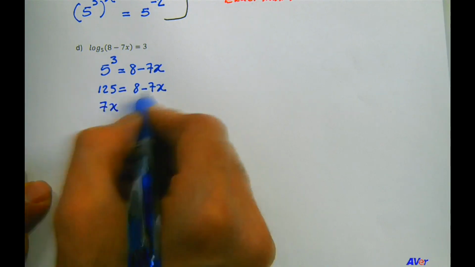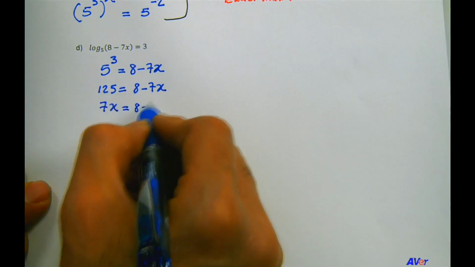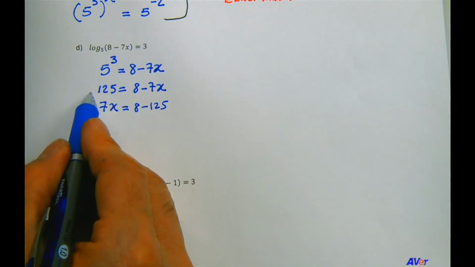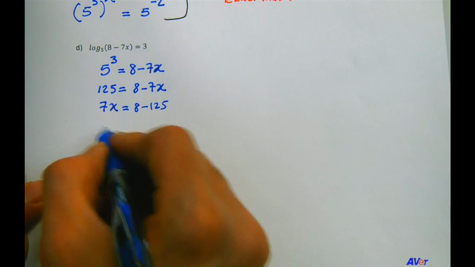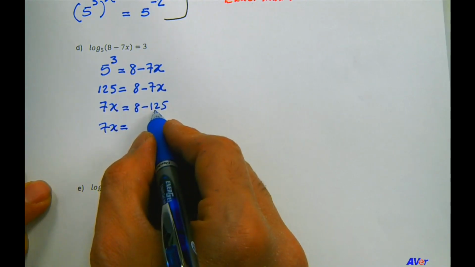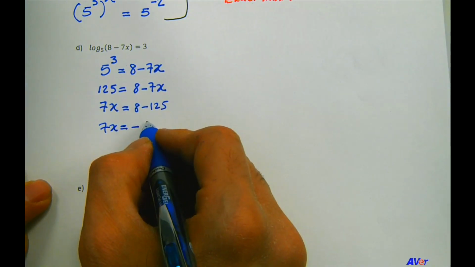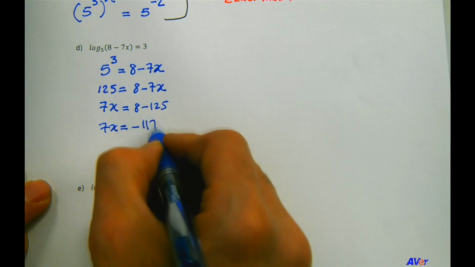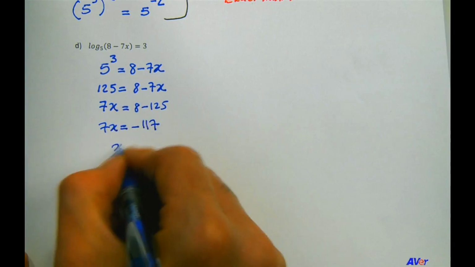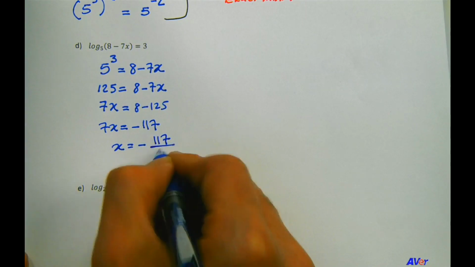It becomes positive when I move it, equals 8 minus 125. 125 was positive when it was on the left side. When I moved it to the right, it became negative. So 7x equals 8 minus 125, which is minus 117, right? Like that. Okay, so x is equal to minus 117 divided by 7.